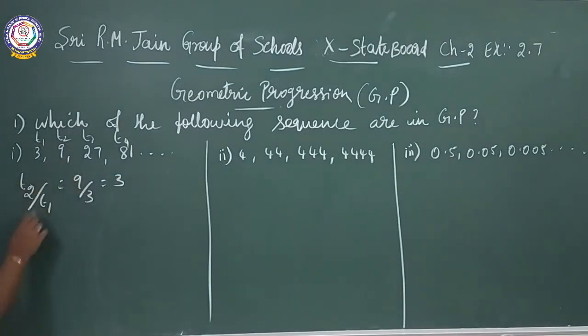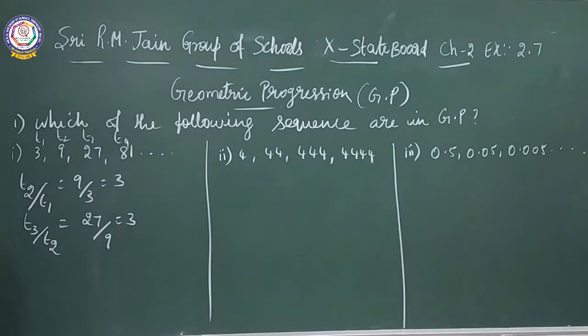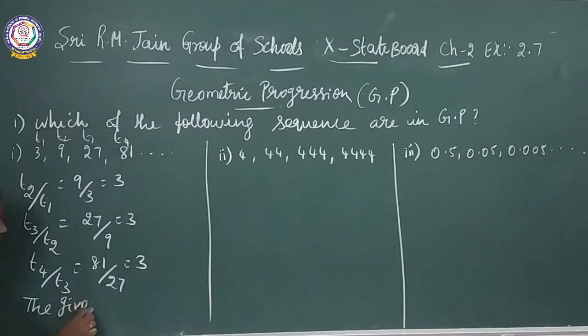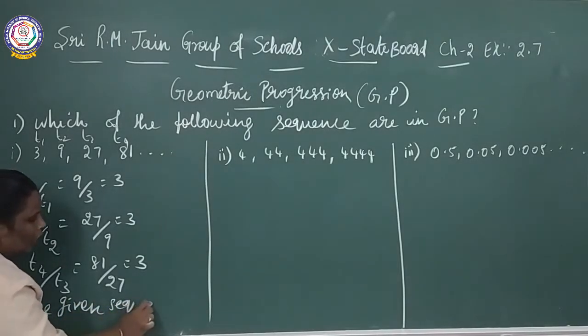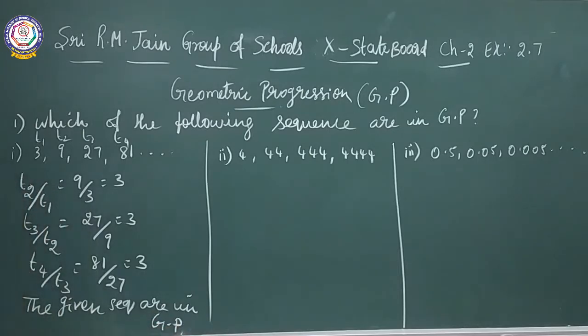The same way T3 by T2 equals 27 by 9, the value is 3. It has a common ratio. Next, T4 by T3 equals 81 by 27, the value is 3. So it has the same values. The given sequence is in GP.